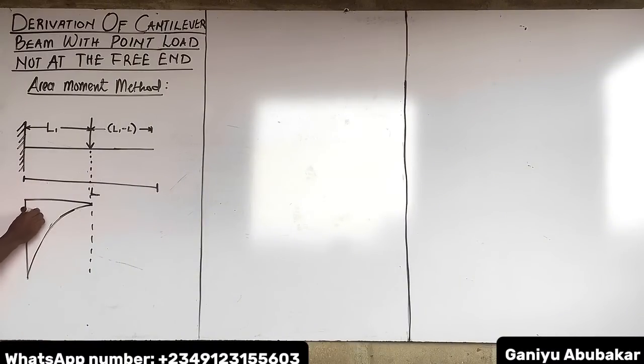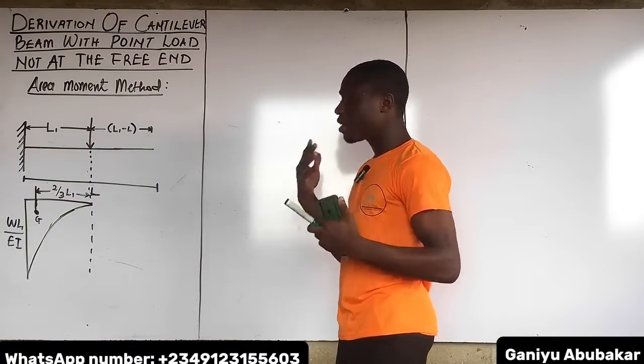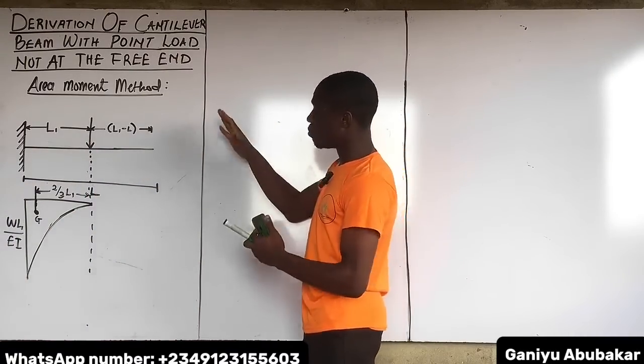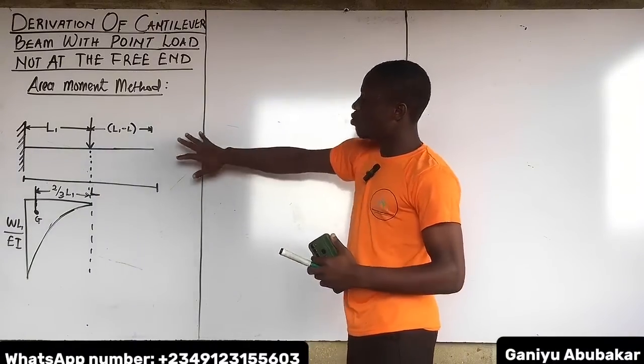I'll pick a center of gravity, that's G, a point here, call it 2/3 L1. At this point, I call it WL1 over EI. This is the diagram you need to note, memorize, or perhaps practice, so you know how to draw this diagram here.